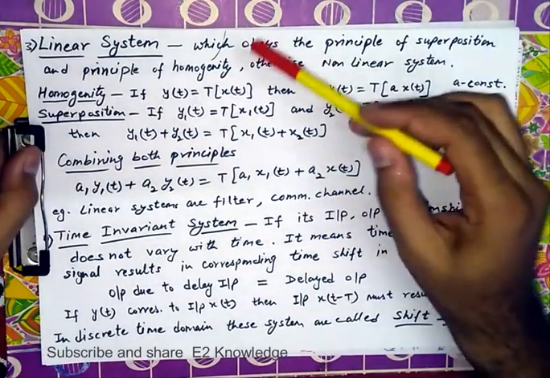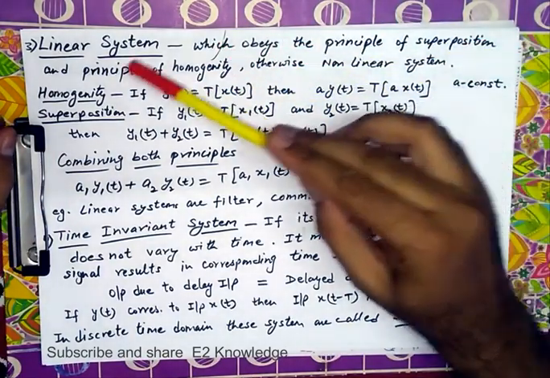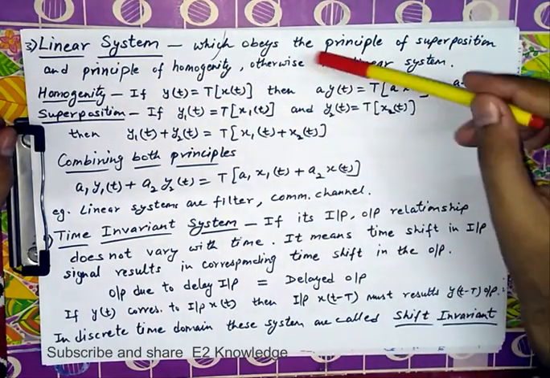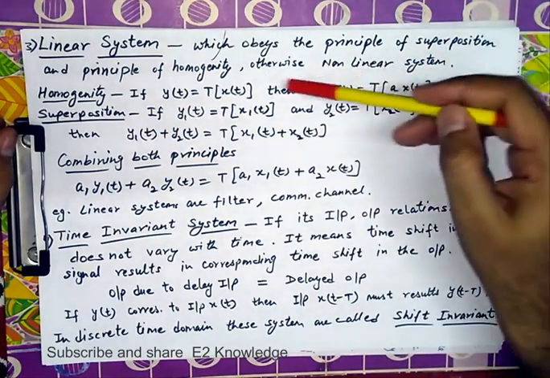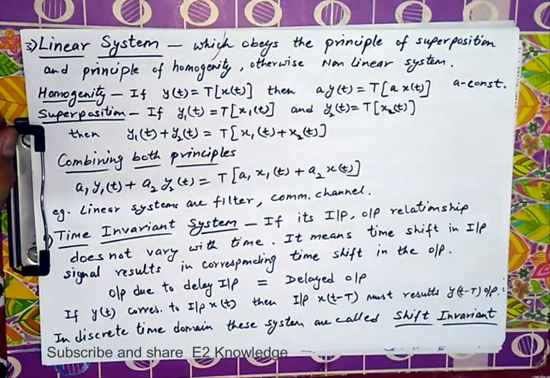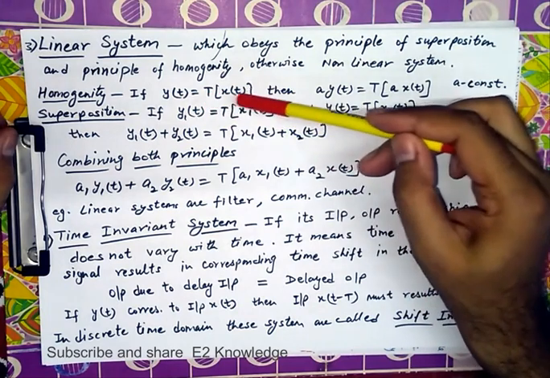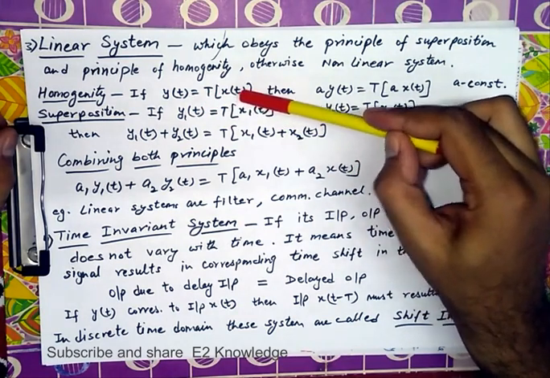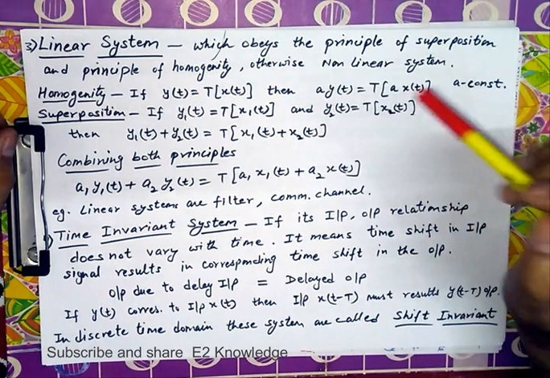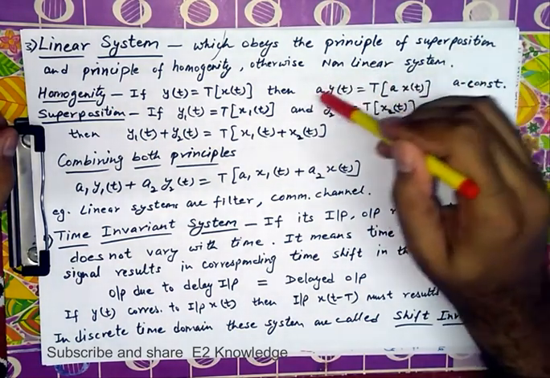Next is the linear system. Linear systems obey the principle of superposition and the principle of homogeneity. All systems which do not follow these properties are known as non-linear systems. What are the homogeneity and superposition properties? If y(t) is the transformation due to input x(t), then if a constant is applied at the input, it must be reflected at the output.